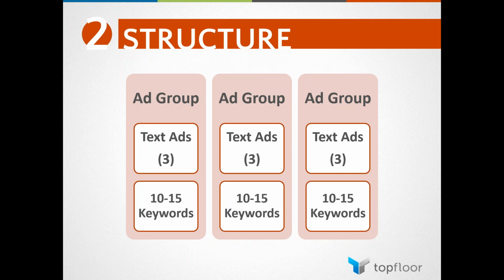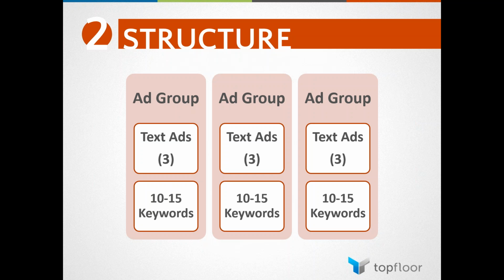Ad groups then are broken down into two parts. Generally speaking, you want to start with at least 10 to 15 keywords. You should never let your ad groups get more than 50 keywords at the most. If you're approaching 50, it's time to look at your keywords and either get rid of the ones that aren't producing, or break them down into smaller ad groups. Text ads, with now the expanded text ads, Google is recommending a minimum of 3 text ads in every single ad group, which I think is a good idea.